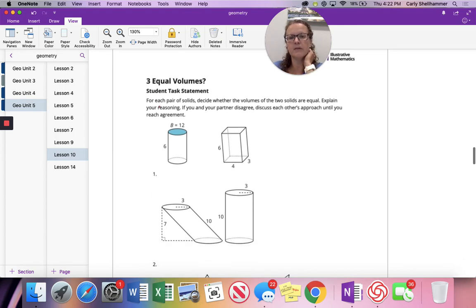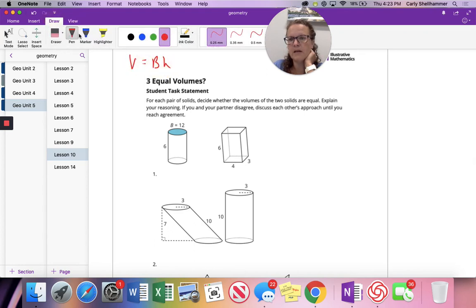So, equal volume. For each pair of solids, decide whether the volumes of the two solids are equal. Explain your reasoning. So for this first one, if we remember that volume is big B times H, we can say that the volume of this one is big B times H, 12 times 6, or 72.